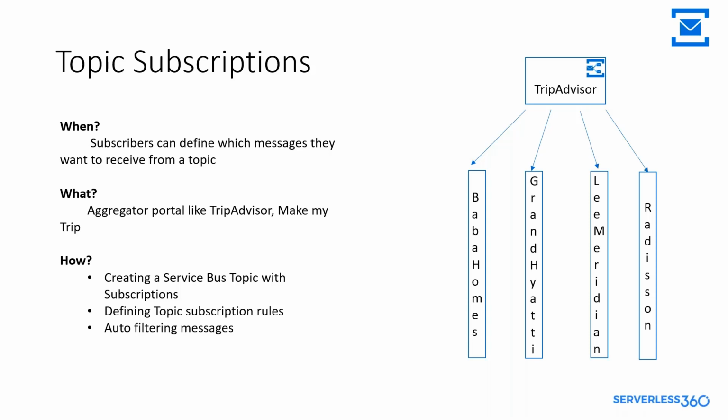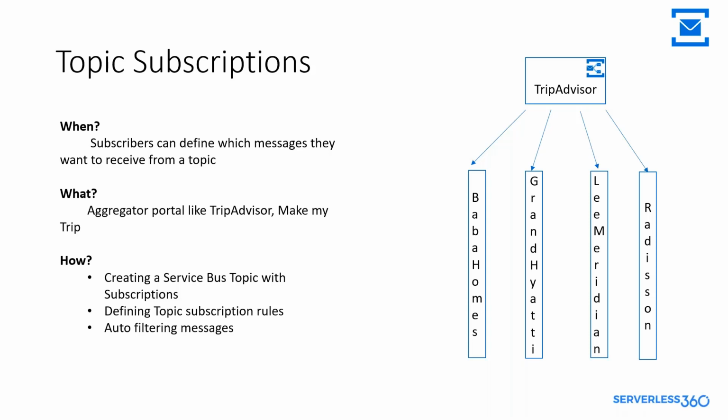So what I look at in the background is a topic with multiple subscriptions and each of the subscriptions being specific to every single hotel. Let me show you in real time how I create a topic with multiple subscriptions like this, and how I define my subscribers so they receive the intended message only. This can be achieved with the help of topic subscription rules.